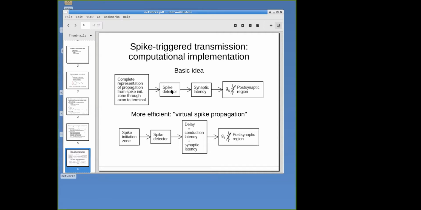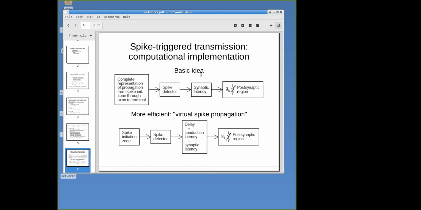When the spike detector discovers that there has been a presynaptic spike in the presynaptic terminal, it creates an event which is delivered to the postsynaptic mechanism after some synaptic latency, on the order of a millisecond or so. So all of this has to go on if we were to do the simplest implementation of our basic idea.